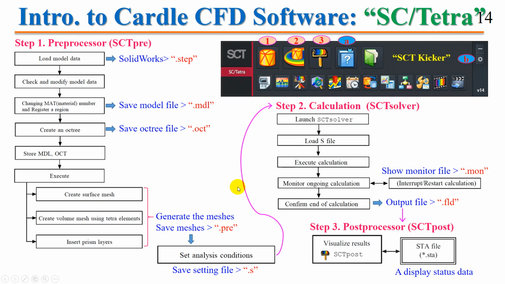And the second step of the pre-processing is the mesh generation, right? And the concept of the mesh generation of the SCT, the first one you should generate the octet, right?